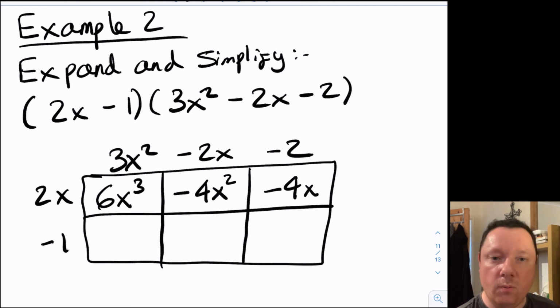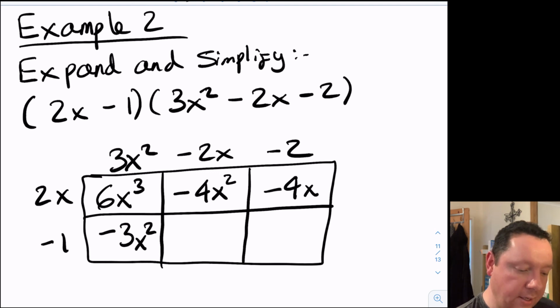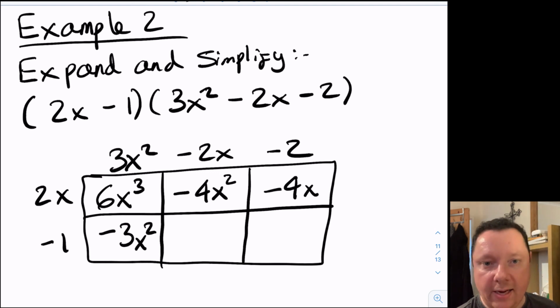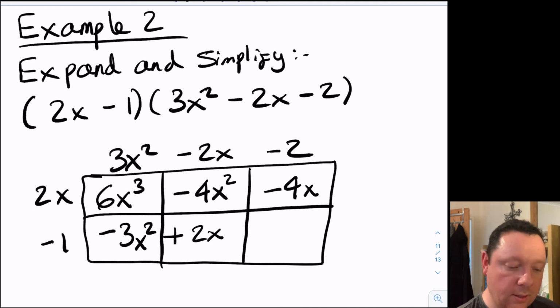Then look into the bottom line. Minus 1 times 3x squared, minus 3x squared. Minus 1 times minus 2x, double minus makes a plus when you times them. So you've got plus 2x. And then the last box, minus 1 times minus 2 is plus 2.